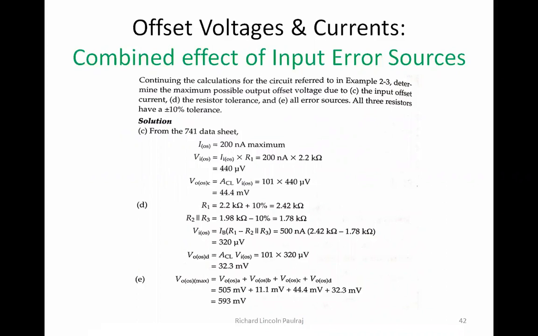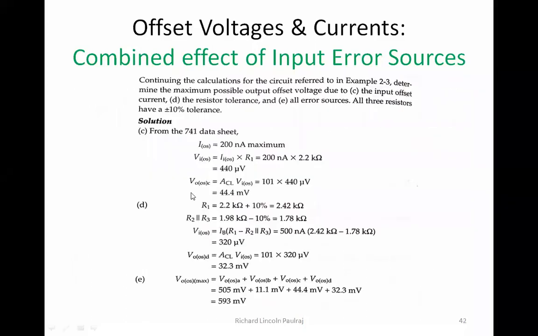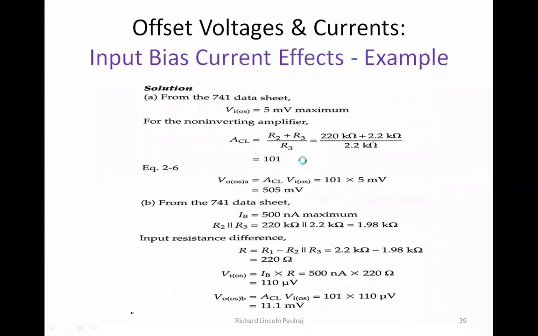For input offset current, remember we had seen that the maximum is about 200 nanoamps. I had put it up here. Taking this number into the problem, I'm always considering the worst case. So I'm now calculating the input offset voltage. V is IR, and I already have R: R1 was about 2.2 kilo ohms, right?